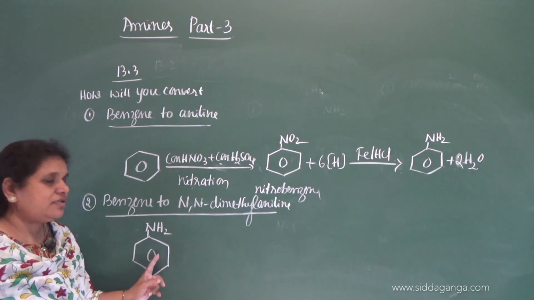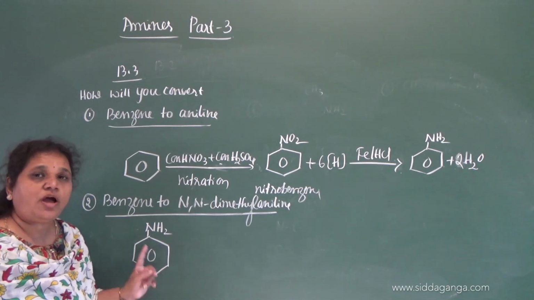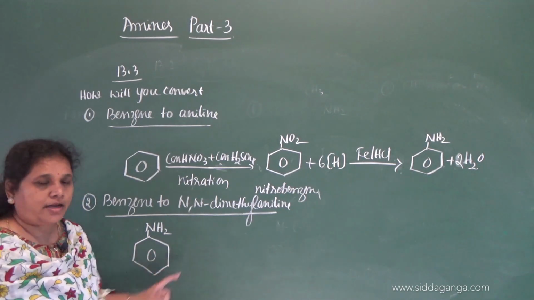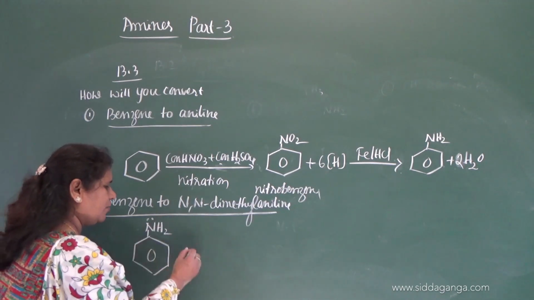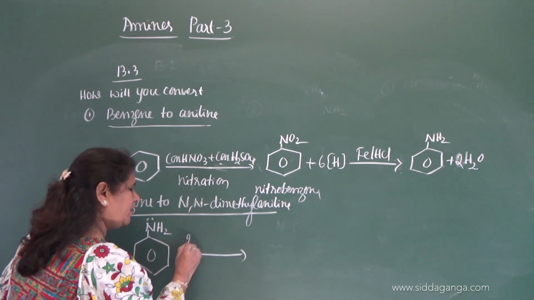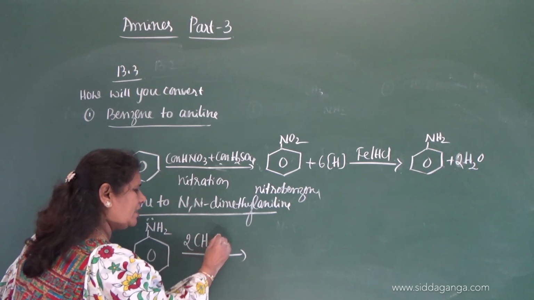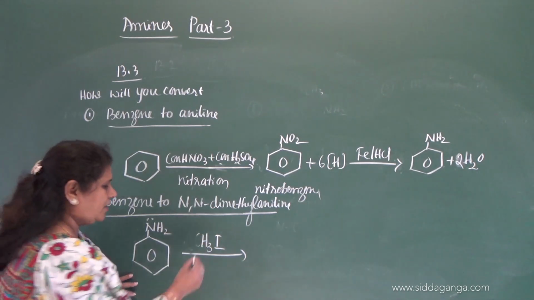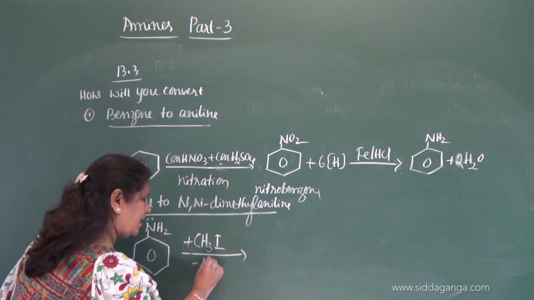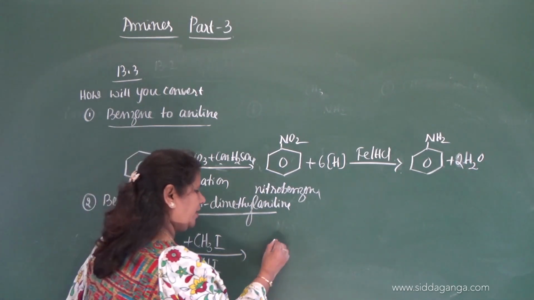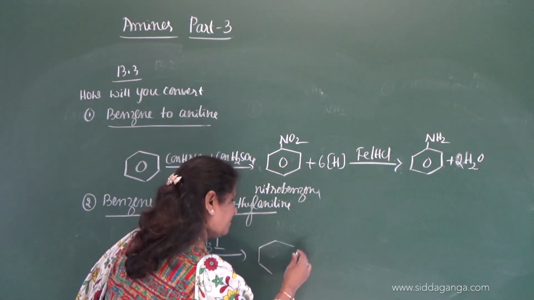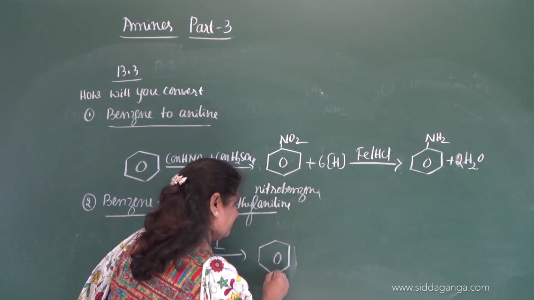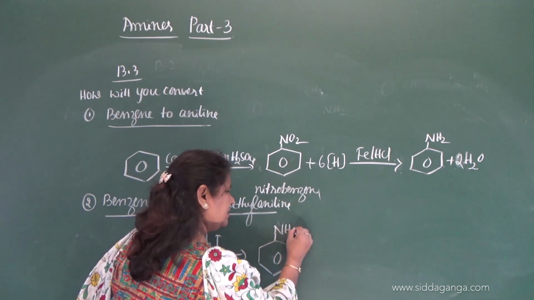So aniline should be subjected to ammonolysis. Ammonolysis means reaction with alkyl halide. So as it is a nucleophile, when it reacts with 2 moles of methyl iodide. So with 1 mole of methyl iodide, what you get? With the elimination of HI, one of the hydrogen atoms is replaced by CH3, giving NHCH3.